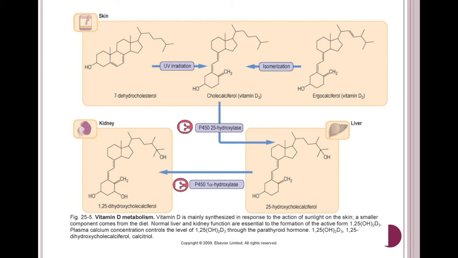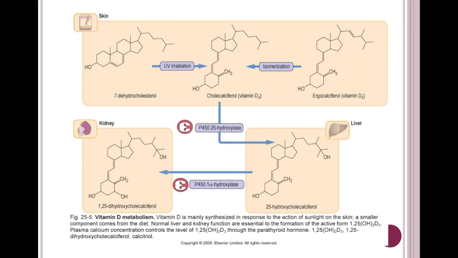So this is one of the reasons why people that aren't exposed to sunlight will end up with a vitamin D deficiency, and this can cause bone malformation and also problems with calcium metabolism. This can also come about through other sources as well, but the exposure of the skin to UV radiation creating the vitamin D precursor is one of the main ways in which this is done.